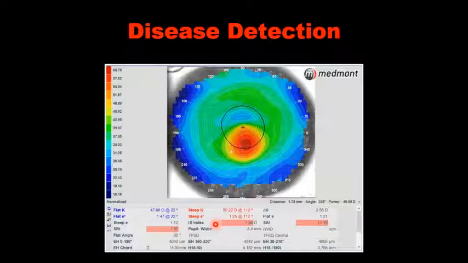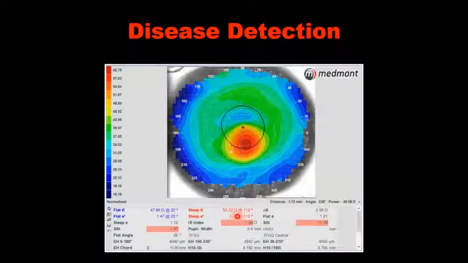Now, in terms of the disease, instruments obviously give us some indication of the type or degree, the magnitude of irregularity, and we can look at the disease detection indices here, the IS, the SAI, and the SRI values. Each one of those boxes is all lit up in red, indicating this is abnormal. If it were yellow, that would be of concern.